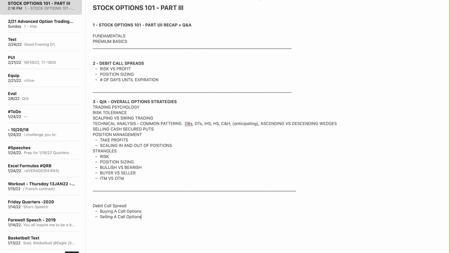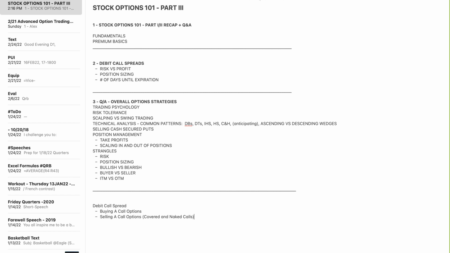So in previous sessions, we discussed scenarios surrounding someone buying a call option, which gives you the right to buy 100 shares at a predetermined price by a predetermined date. And then we also discussed separately selling a call option, right? When I say selling a call option, that's when we are talking about covered and naked calls, right?